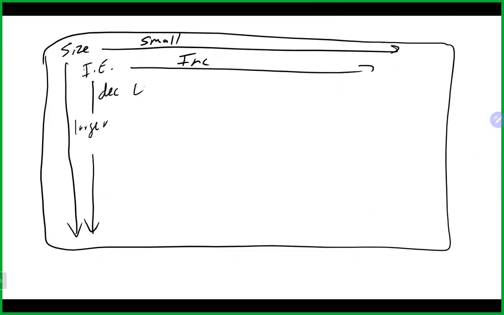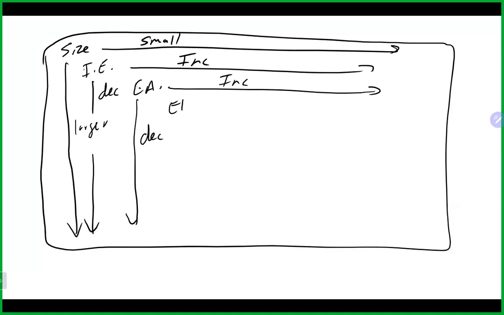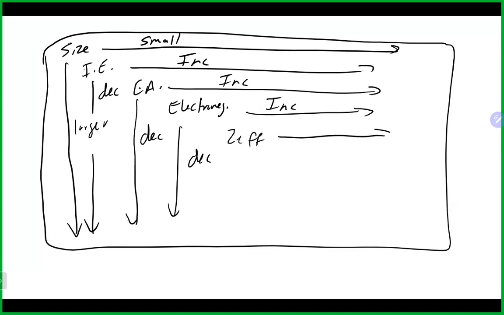We have electron affinity, which increases this way up to the right, down to the left decreases. We have electronegativity, which increases up and to the right, decreases down and to the left. And we have like effective nuclear charge that increases as you go to the right and decreases as you go down. What do all these things basically tell us?